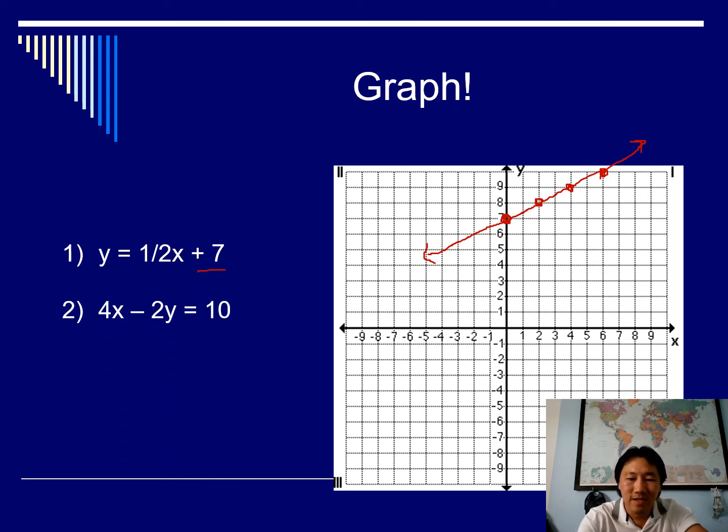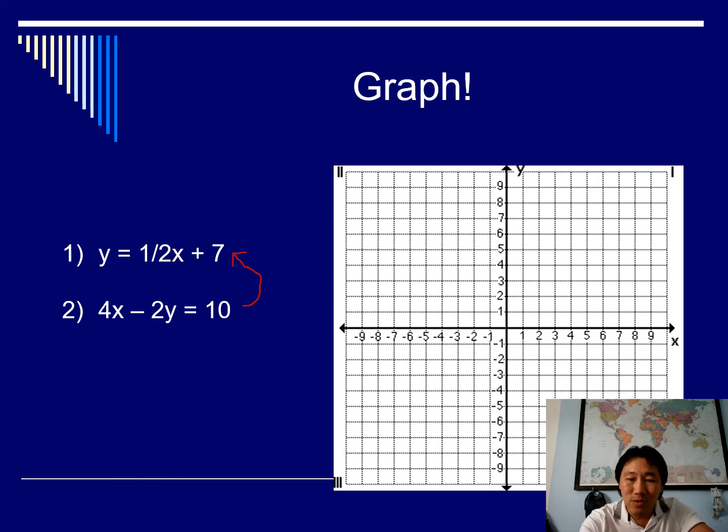Let's go ahead and do another one. Now I know you were given this, and I know that you were taught that if you're given something like this in standard form, to change it to slope-intercept form. Yes, that is a good thing to do, but there's an easier way.